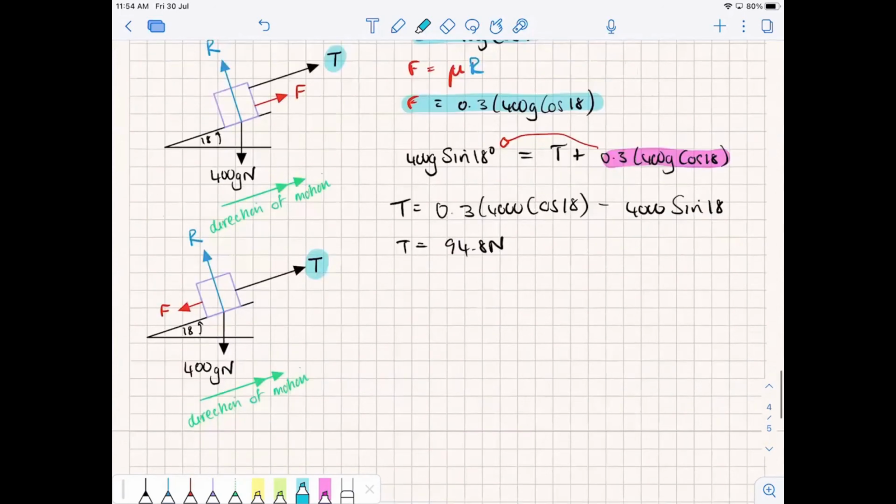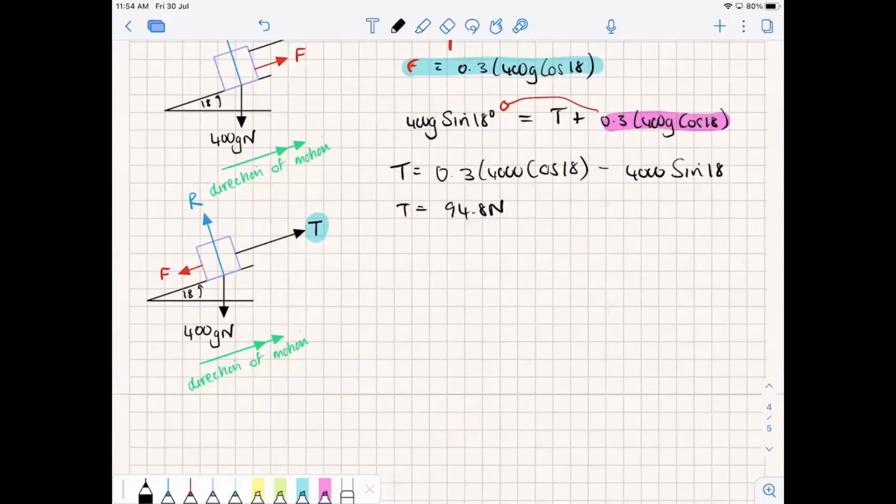It's acting in the same direction as this horizontal component from the weight. And the tension this time is the one sitting all by its lonely self on the other side there.